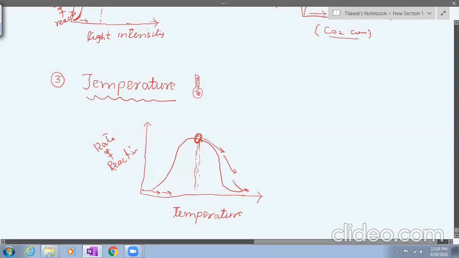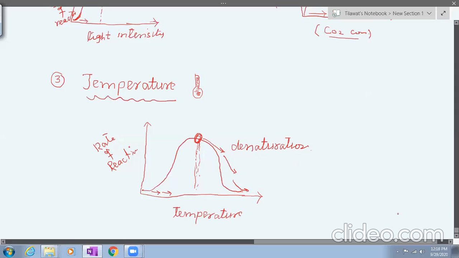This was the optimum temperature, the most favorable temperature for the enzyme. But above that, the enzymes start to denature. Enzymes are proteinaceous in nature, and if you increase the temperature, the enzyme will be damaged. We call this denaturation of the enzyme. Right?